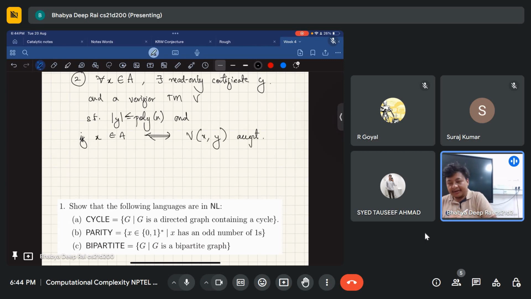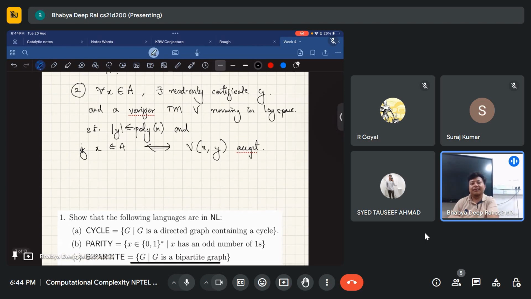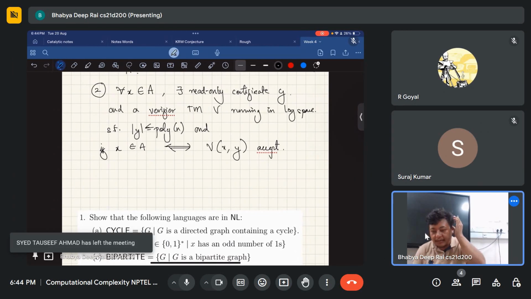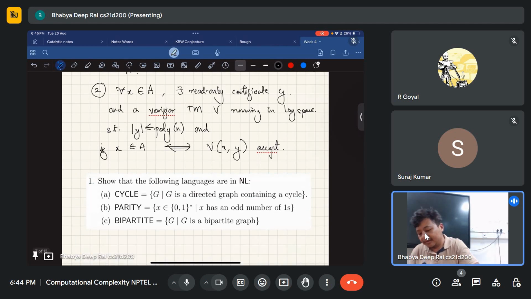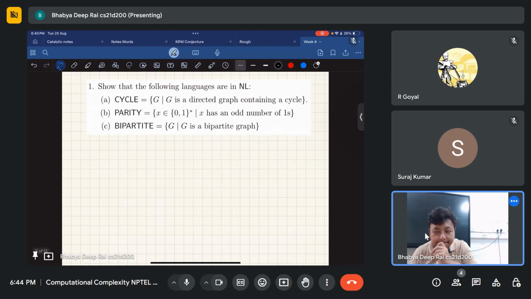And the verifier Turing machine should run in logarithmic space. I won't go into the details right now unless you ask me to, but you can ask me if there are any questions on why this is the case.